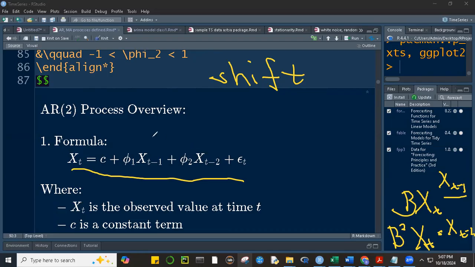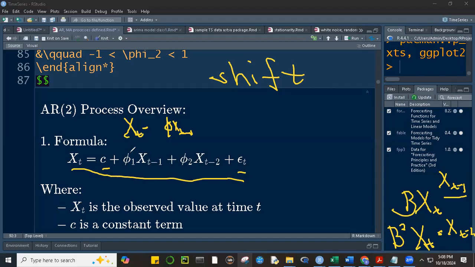Okay? So if this is our equation, then sabi ko nga, di ba, i-transpose natin lahat ng mga x sub t's on the left-hand side. And then matitira sa right-hand side yung c at saka epsilon sub t na lang. So anong mangyayari dyan? X sub t, okay, minus phi 1 x sub t minus 1.